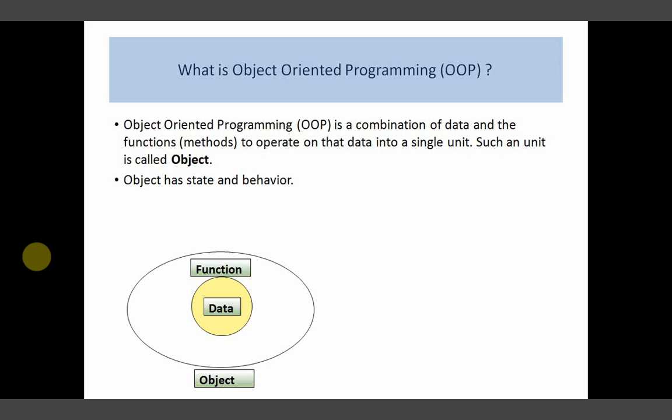Now here we have seen a statement, object has state and behavior. It means we can see the physical appearance of an object in memory, and it behaves, since it has functions where the behavior of the object has been defined.